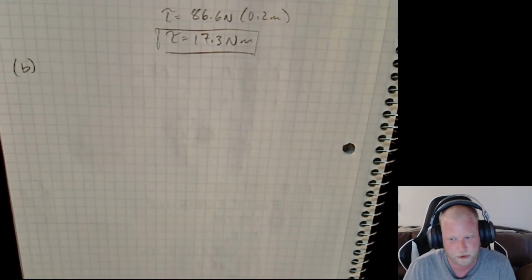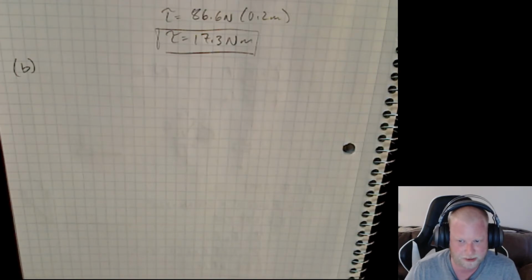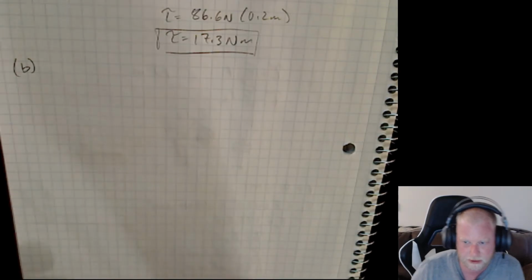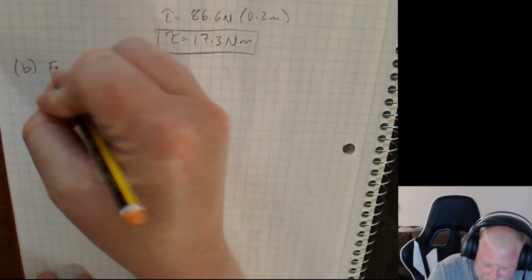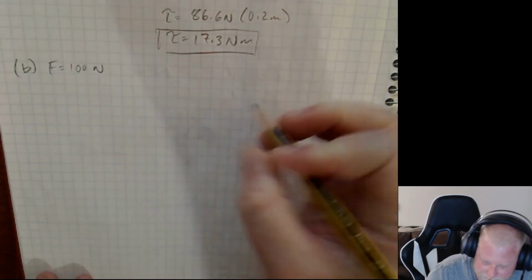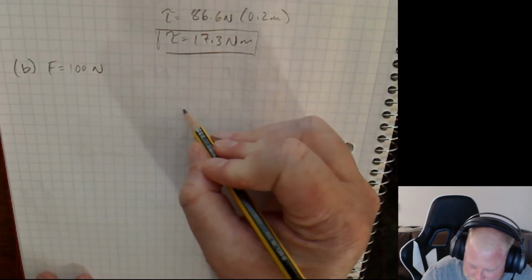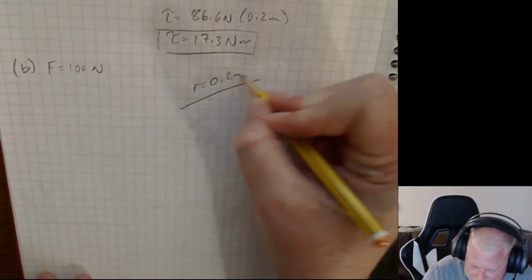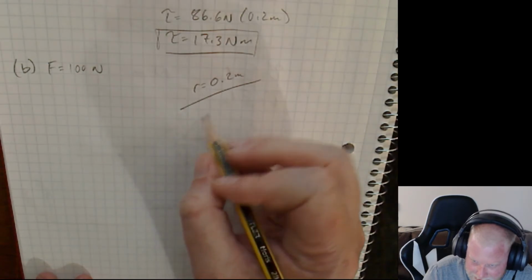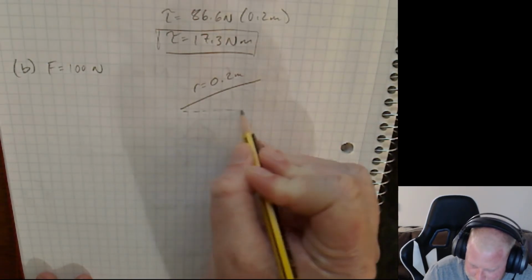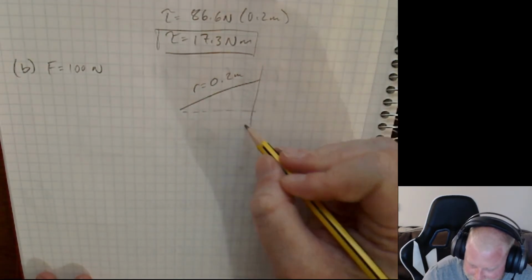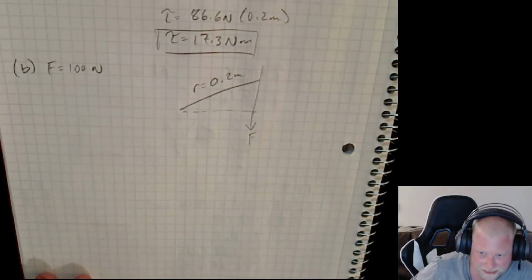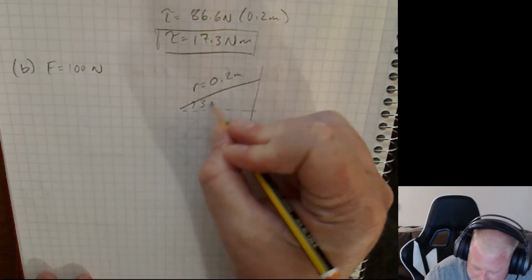Now in B, we're looking at the line of action and the moment arm. Our force in this case is 100 newtons. We know that there is a radius on that wrench of 0.2 meters, and that moment arm intersects that line of action at a 30-degree angle.